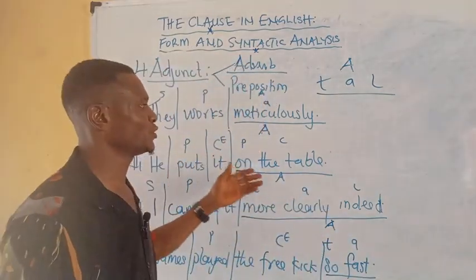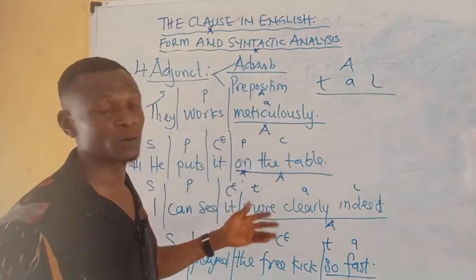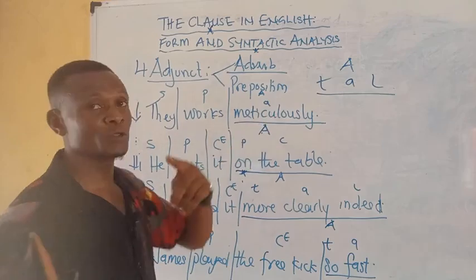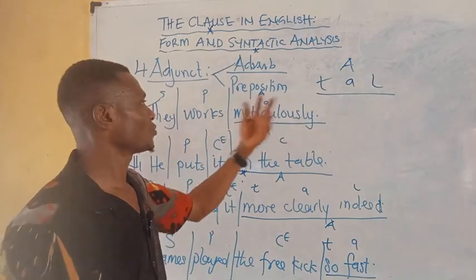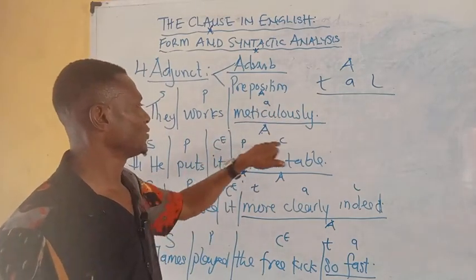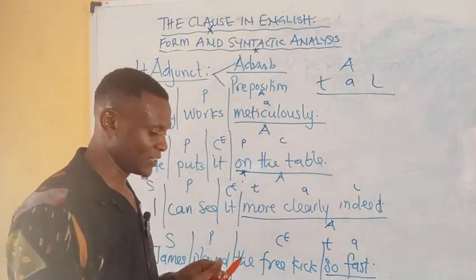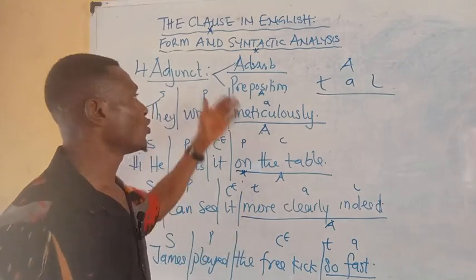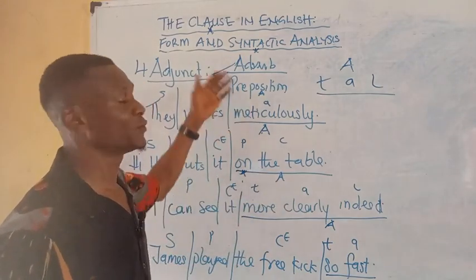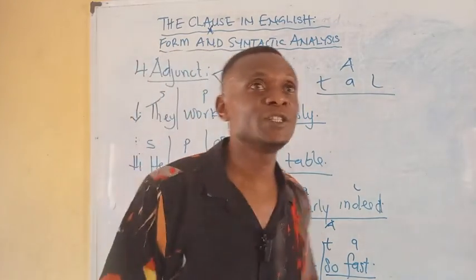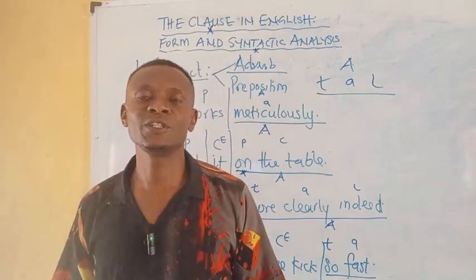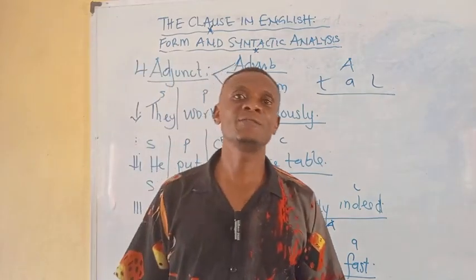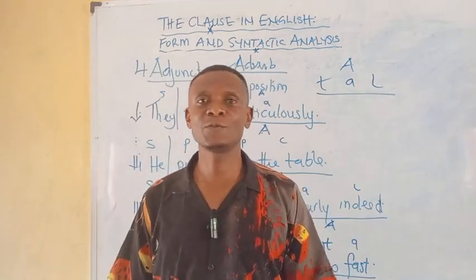It will sound somehow funny when you see A, P, and all these things, but if you go back to my various previous classes, you will understand all the elements of English, either the verbal phrase, the nominal phrase, the adjectival phrase, and other types of phrases.